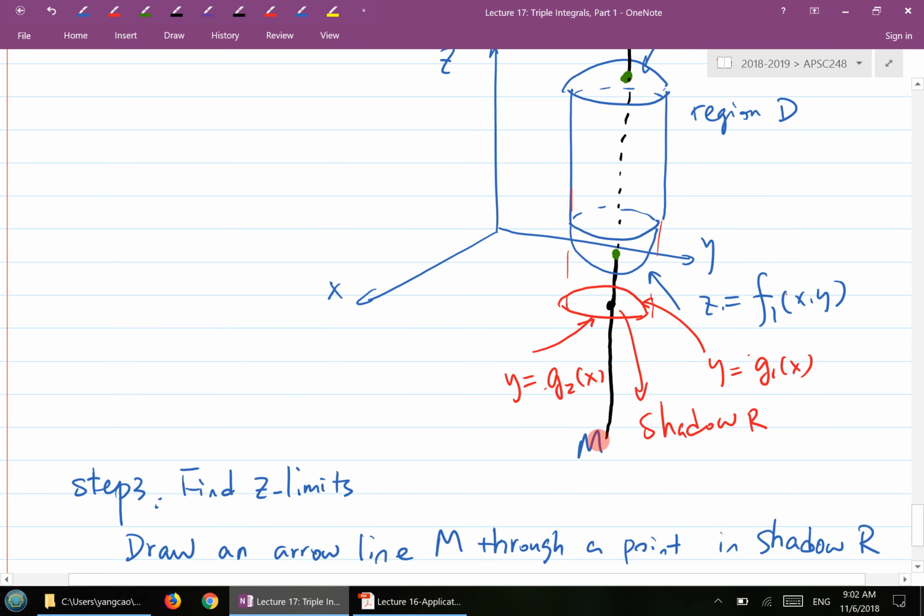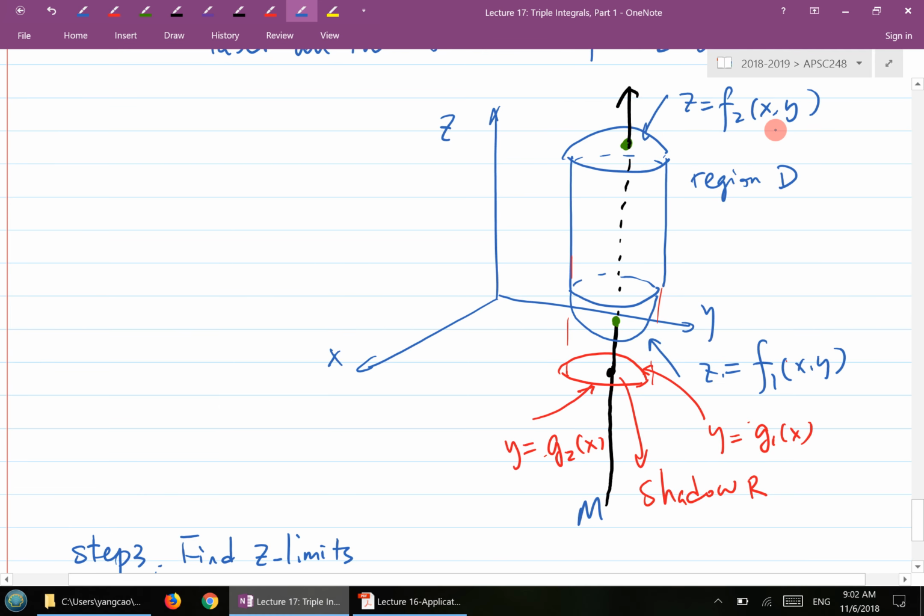In this case, your first contact falls onto the bottom surface, f1 of xy, so that will be your z min. The second contact falls onto the top surface, f2 of xy, so that will be your z max.